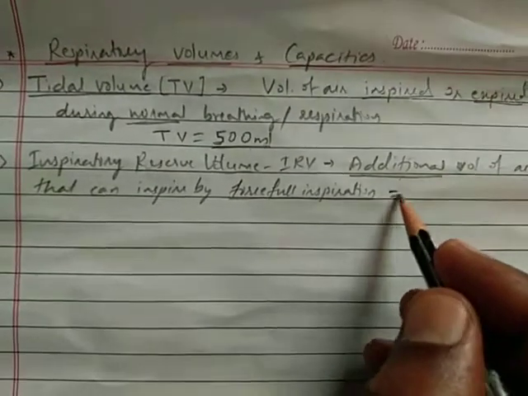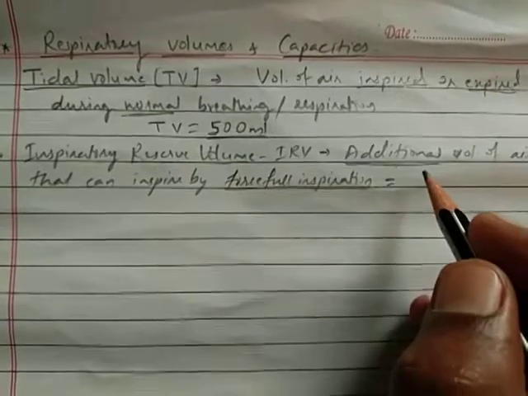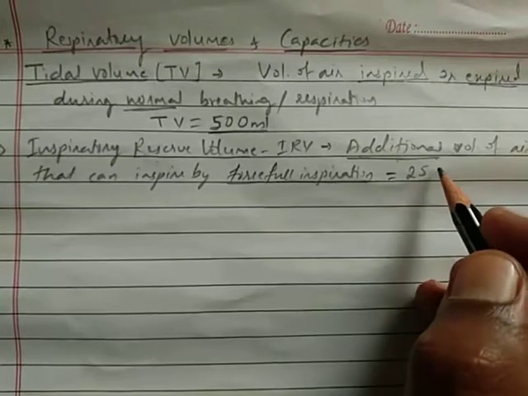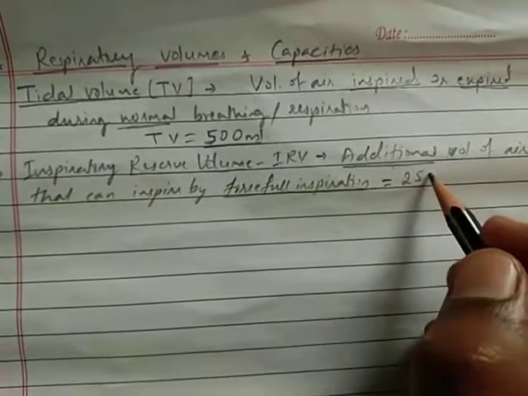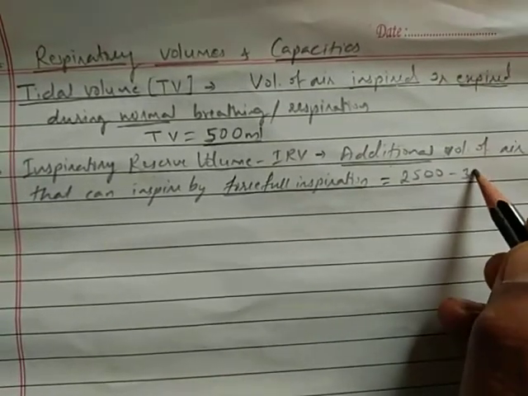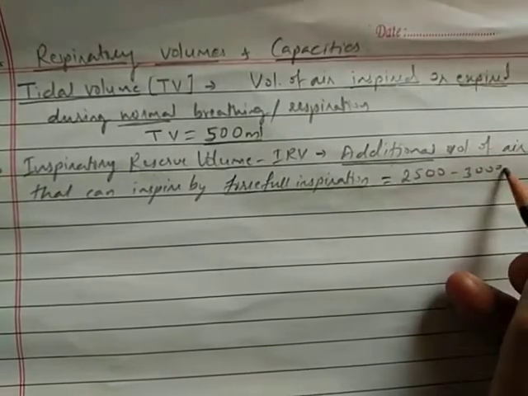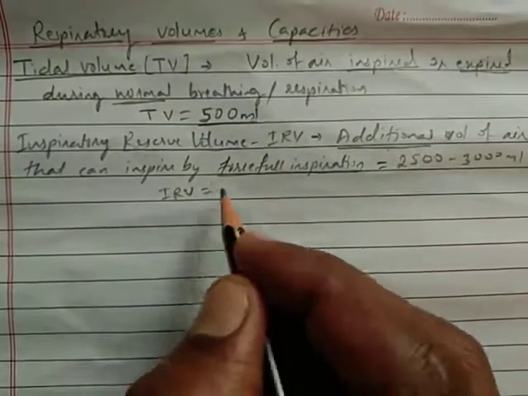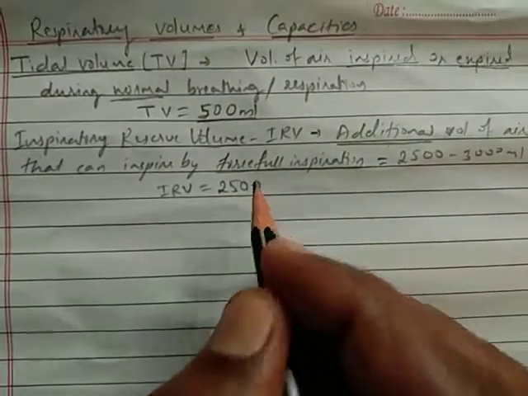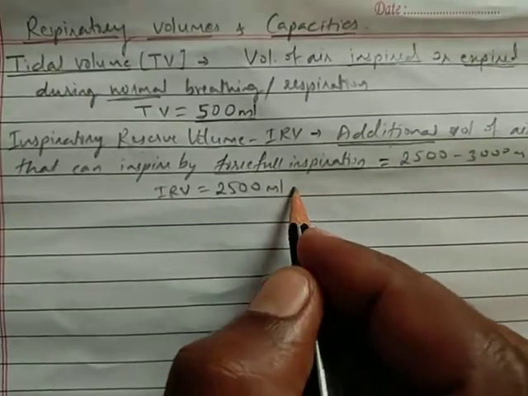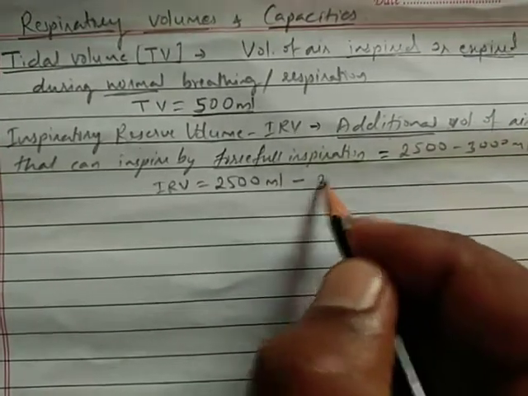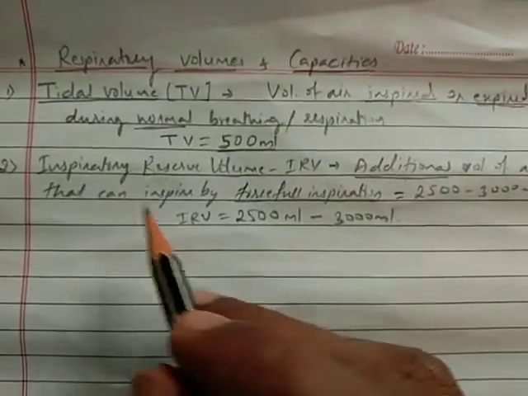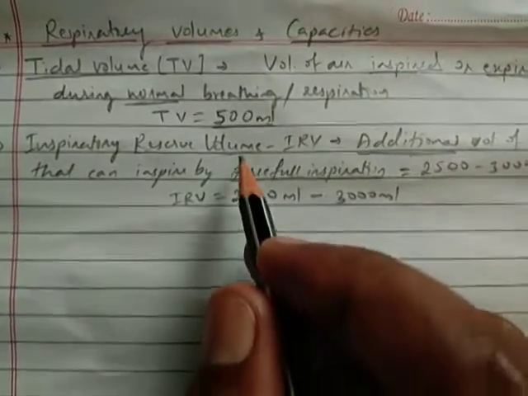This is about 2500 to 3000 ml. So you can mention IRV is equal to 2500 ml to 3000 ml, right. This is the inspiratory reserve volume.